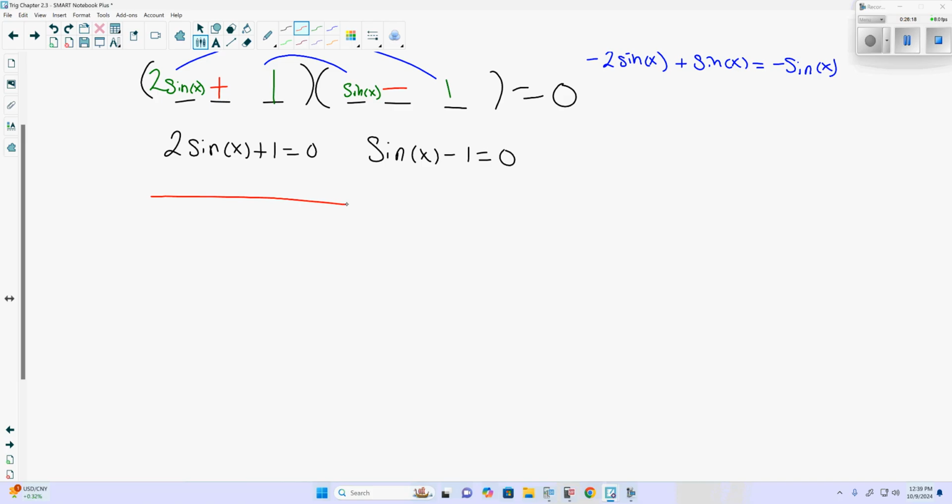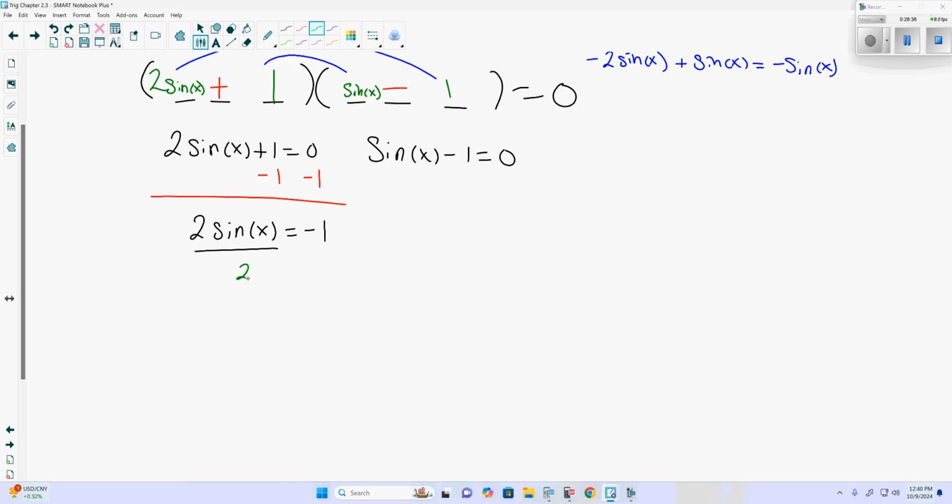Now at this point, we just have to solve each of these. For 2 sine of x plus 1, we can subtract 1 from both sides, telling us 2 sine of x is equal to negative 1.